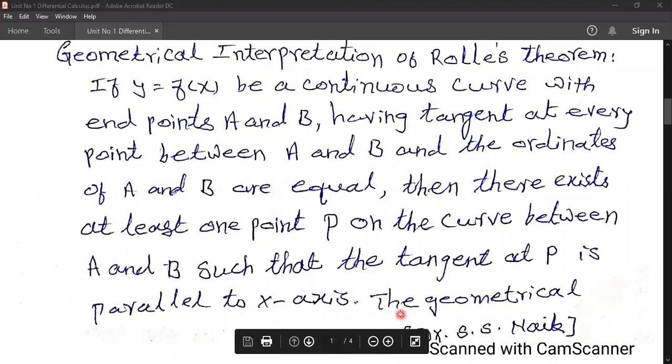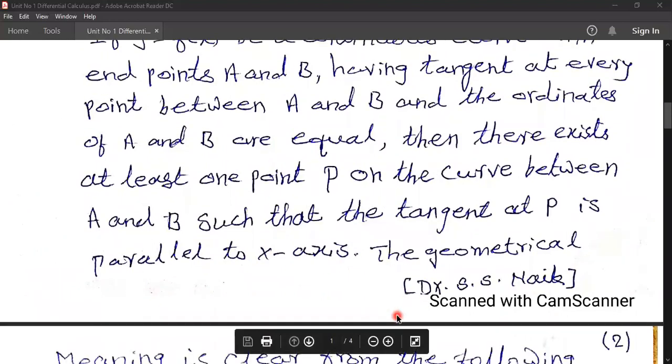So the geometrical meaning can be understood by the following figure.